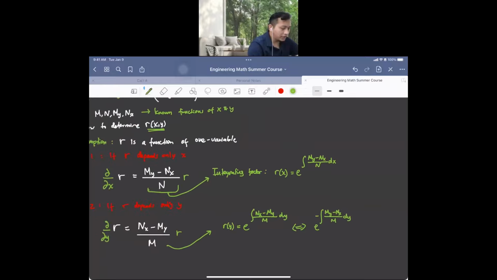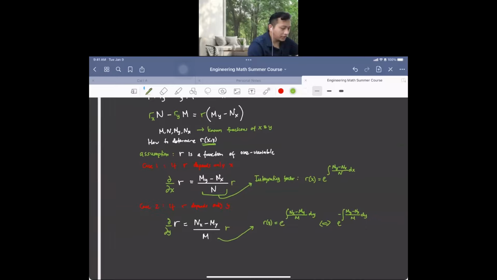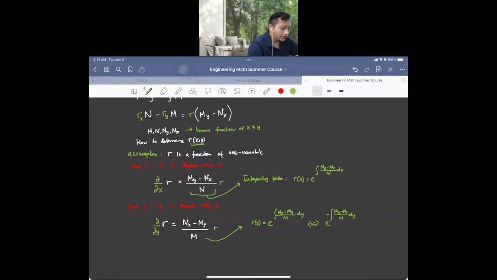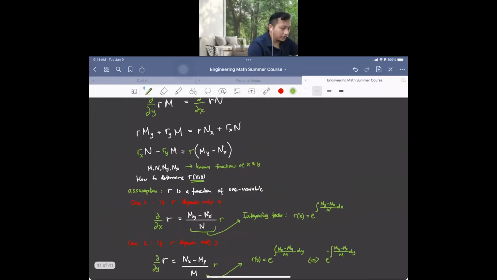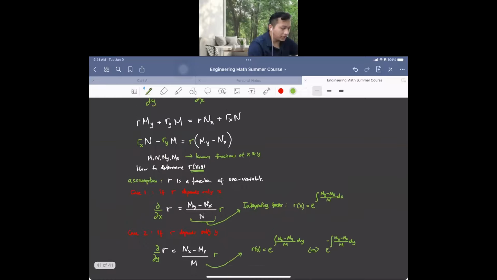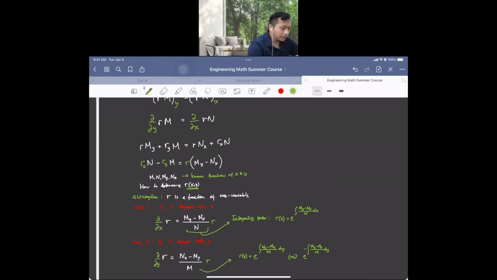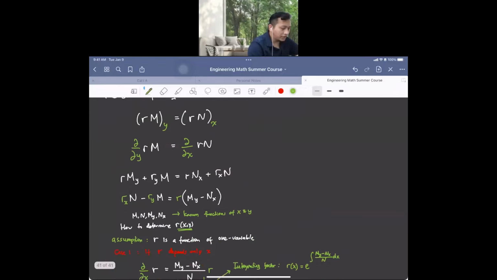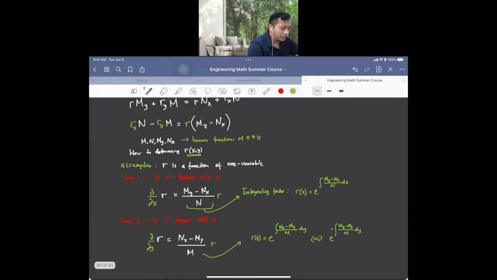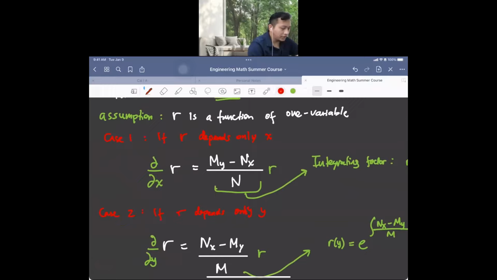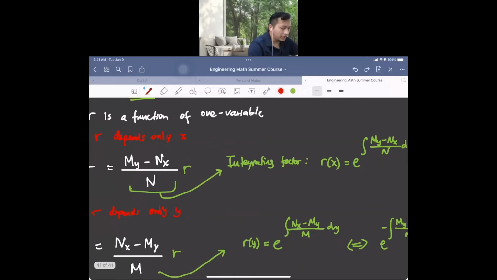Okay, what we have done here seems not really practical, but it's actually practical. When we have an equation that seems exact, but when you check, it's not exact, the first thing you can do is identify N, take this approach, find this, and put it into the integrating factor.